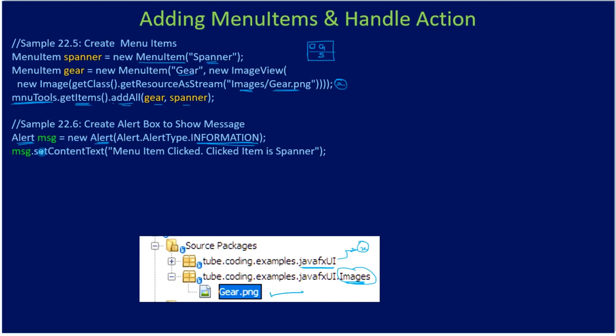So the alert is created, then to the alert we are making a call to setContentText. The content text is the actual message, and the message is menu item clicked, clicked item is spanner. So this alert type information is useful to display the icon when the message is displayed.